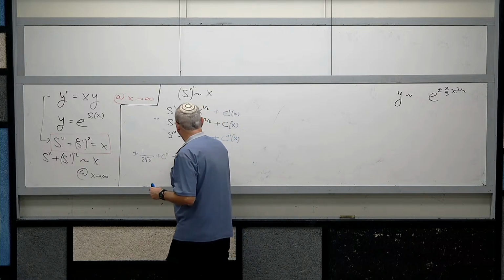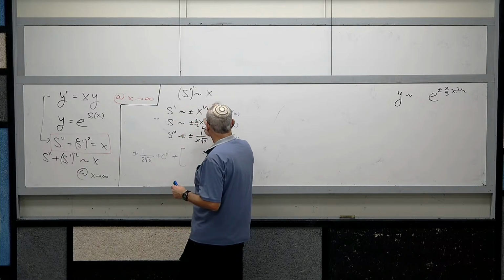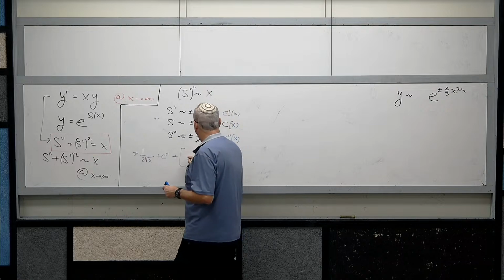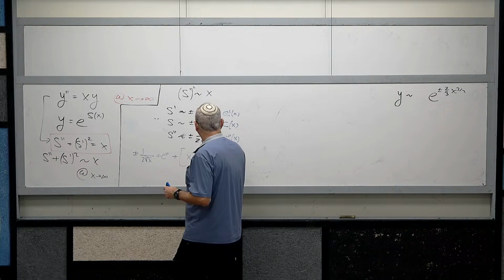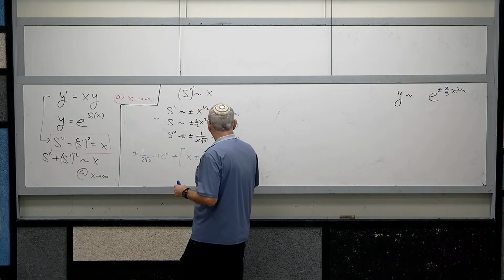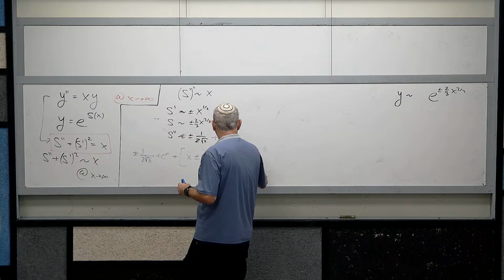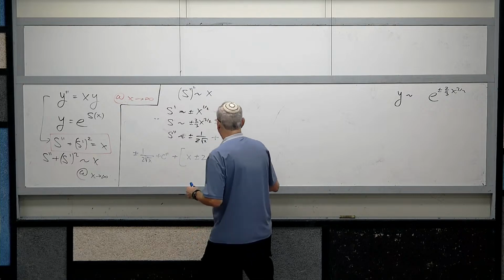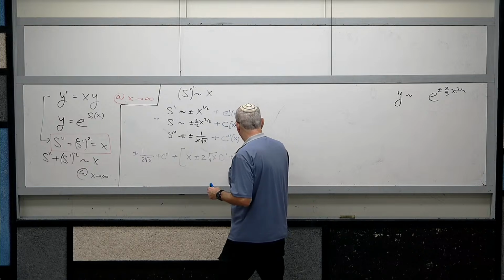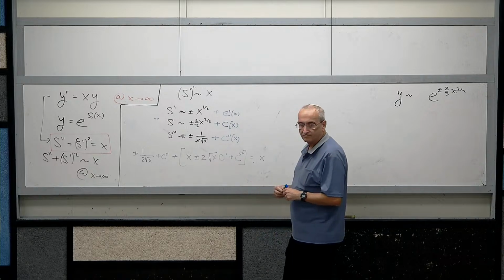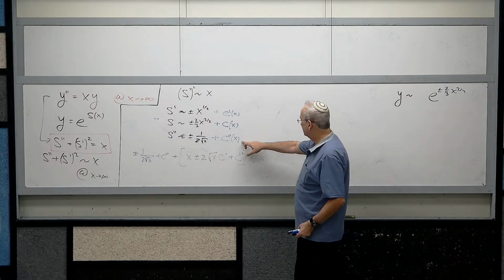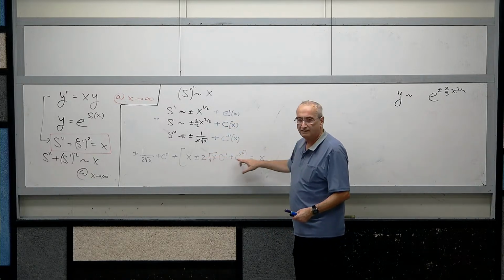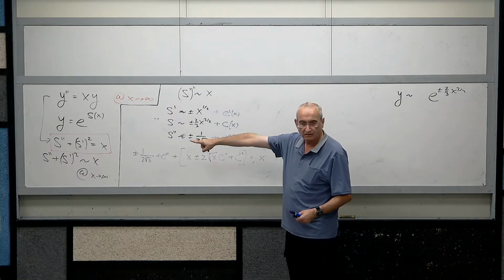So s prime squared will be x plus minus 2 square root of x c prime plus c double prime plus c prime squared, sorry. All this will be equal to x. I just plug both the blue and the black into the original equation.